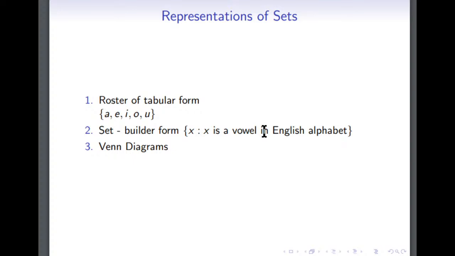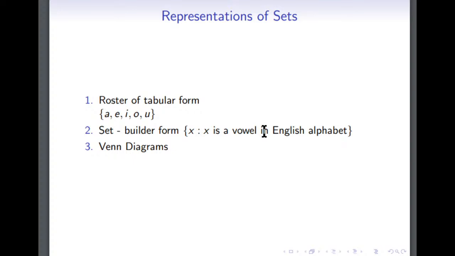Here on my screen you can see the set of vowels, and in roster or tabular form I have written it in curly brackets: a, comma, e, comma, i, comma, o, comma, u. I have written all the elements of the set in curly brackets. This is the roster or tabular form.